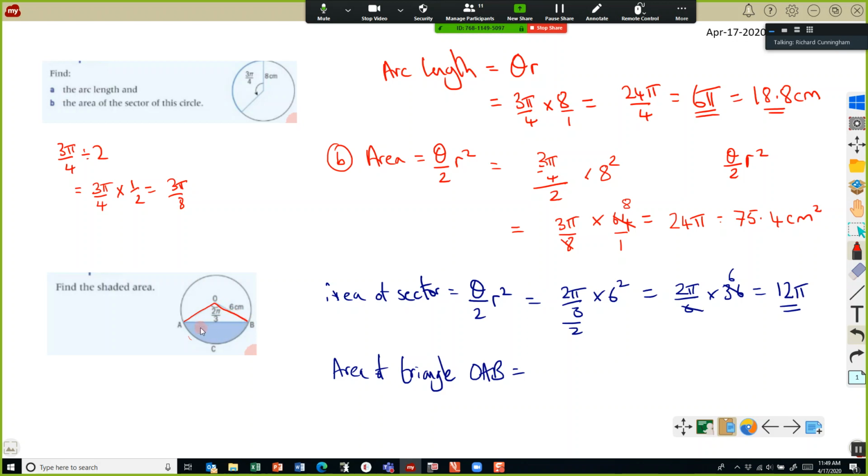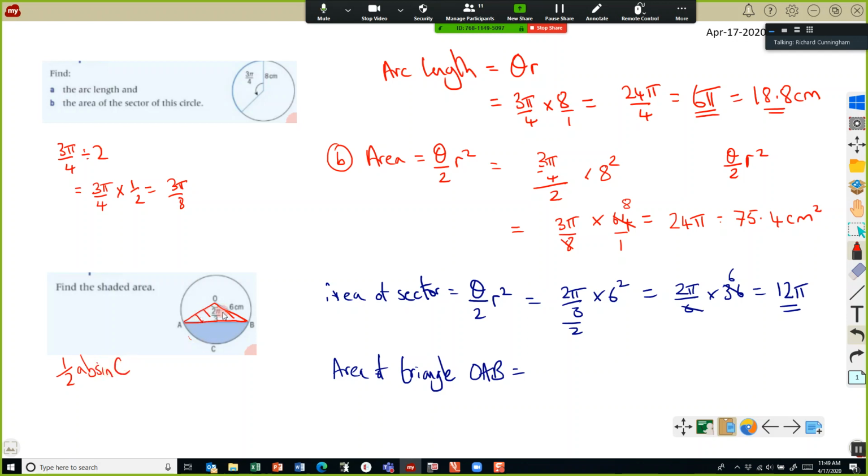Okay, but I don't want to find the side length, I just want to find the area. Do we know any formula for the area of a non-right angle triangle? Half. Yeah, half AB sine C.